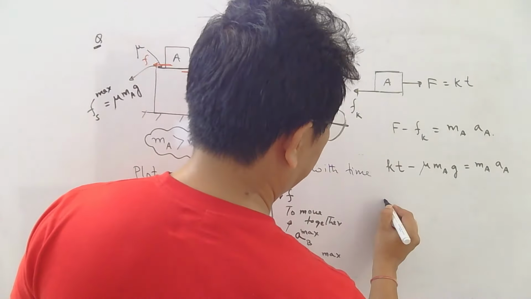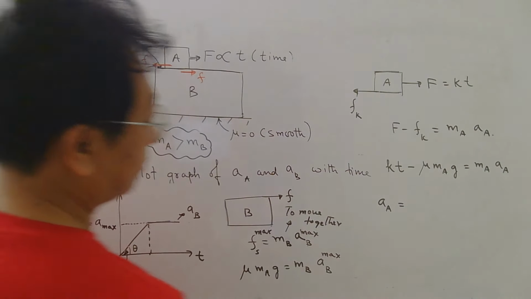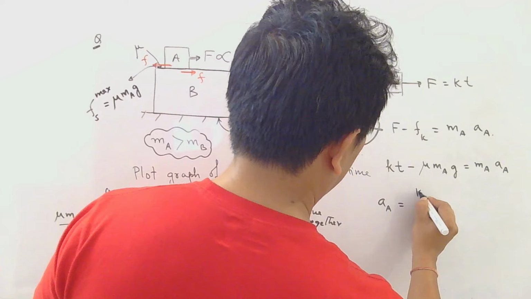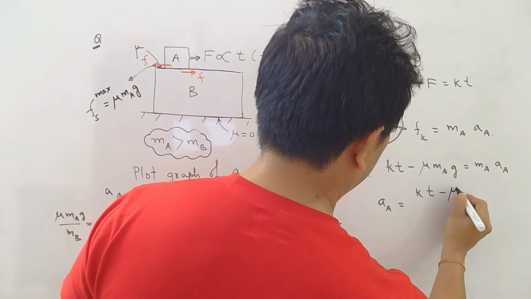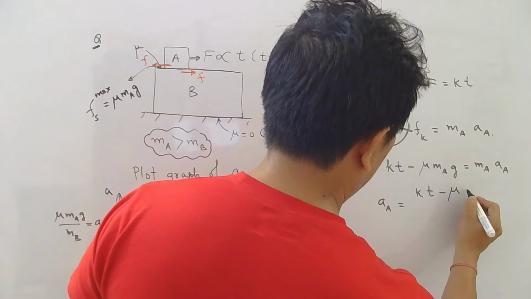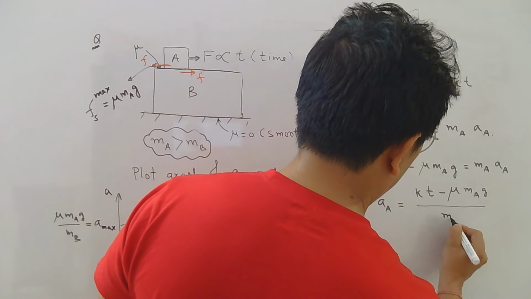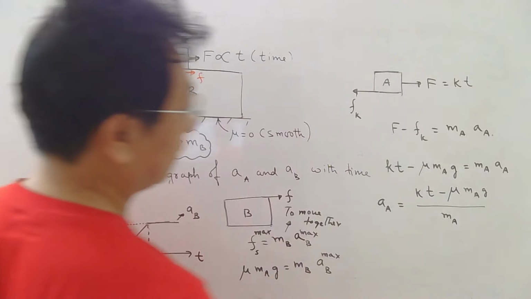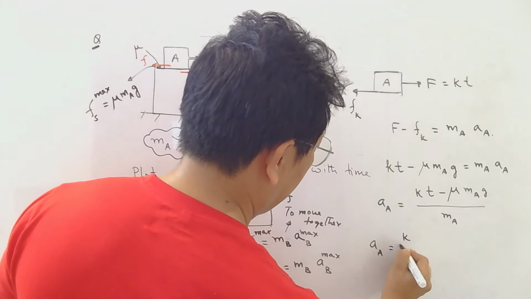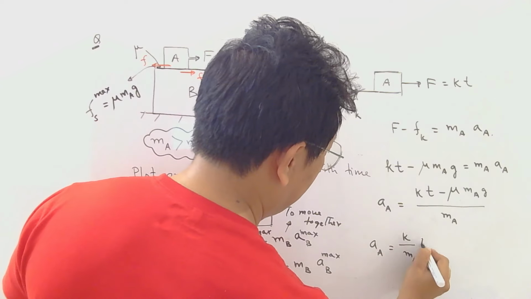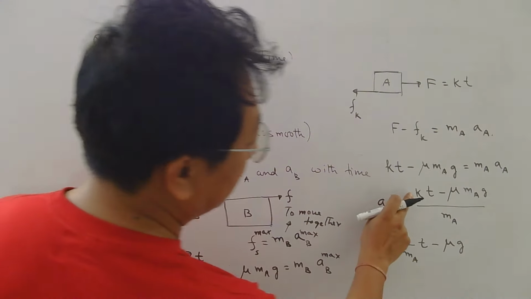So now the acceleration of A will be K into T minus mu MAG divided by MA. So acceleration of A will be K by MA into T minus mu G. Right, I have divided by MA here.